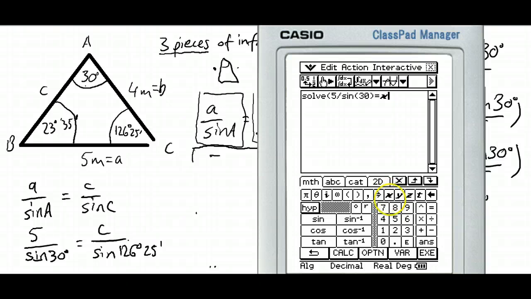For the unknown we're going to use x, which is this button just here, because we need to put an unknown value in. Let's use x for c, and then divide by sine.